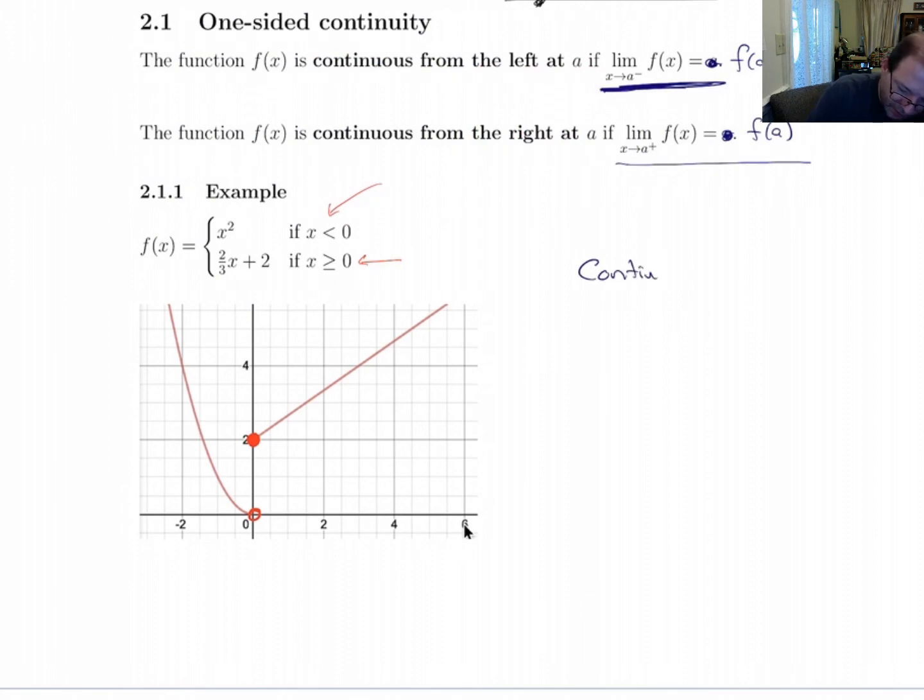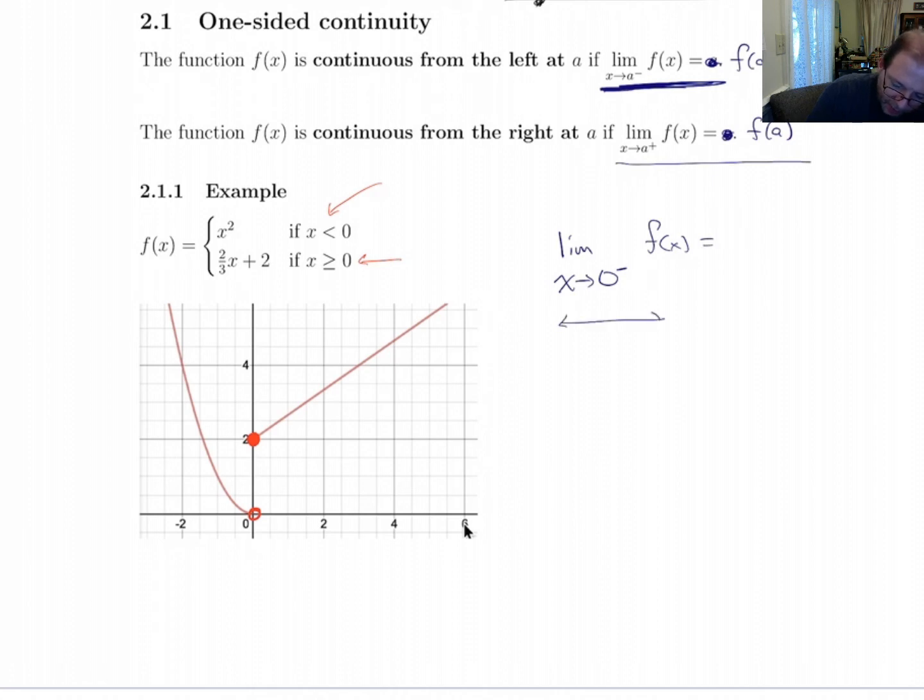Tell you what, instead of just writing that out, let me actually explain how I'm doing this. If we look at this, the limit as x goes to 0 from the left, f of x. Okay, we're approaching from the left, so that means x is less than 0.